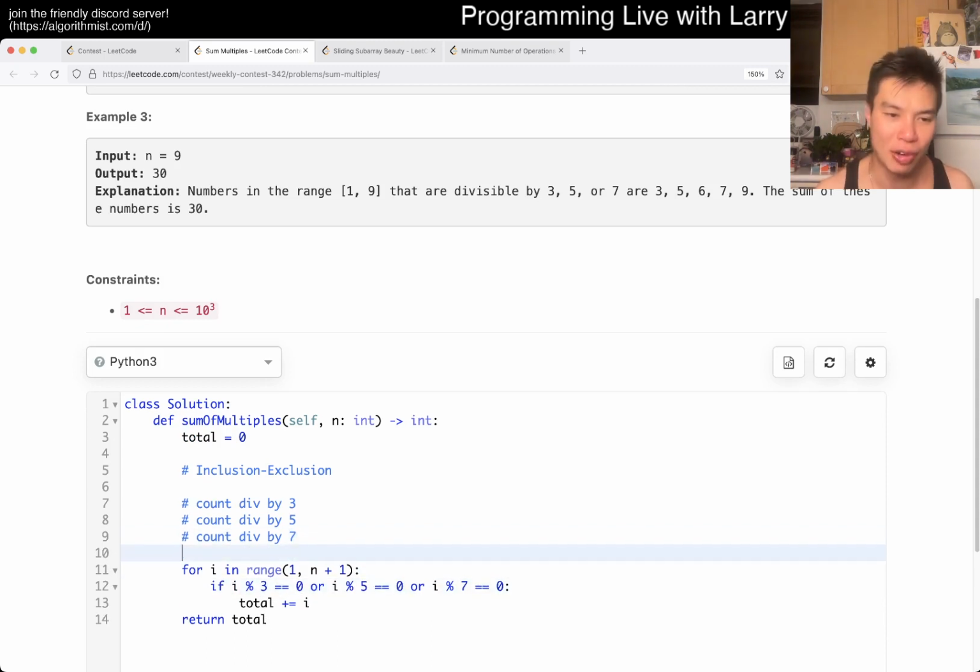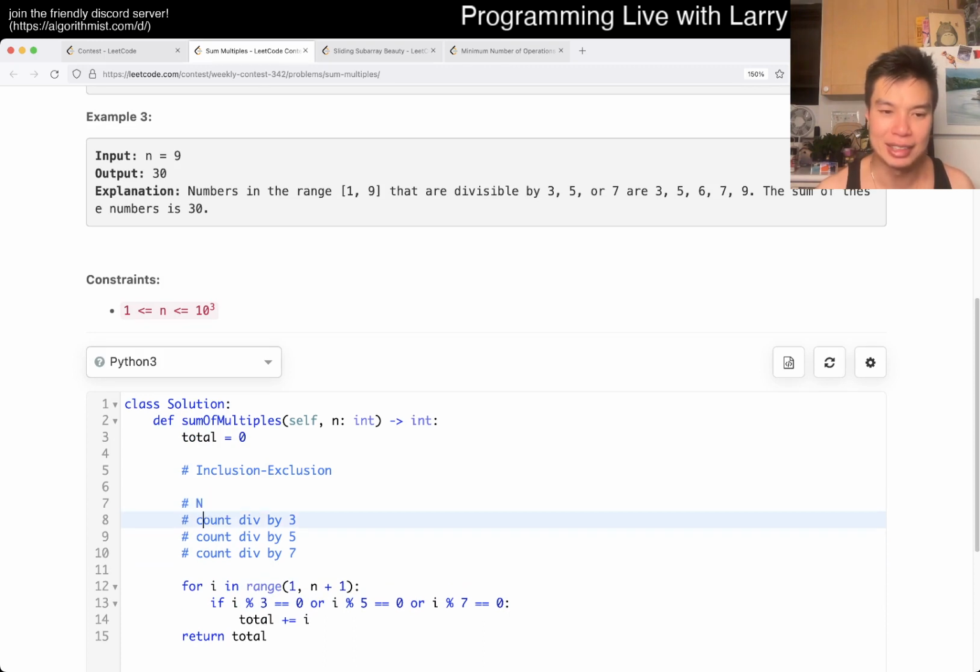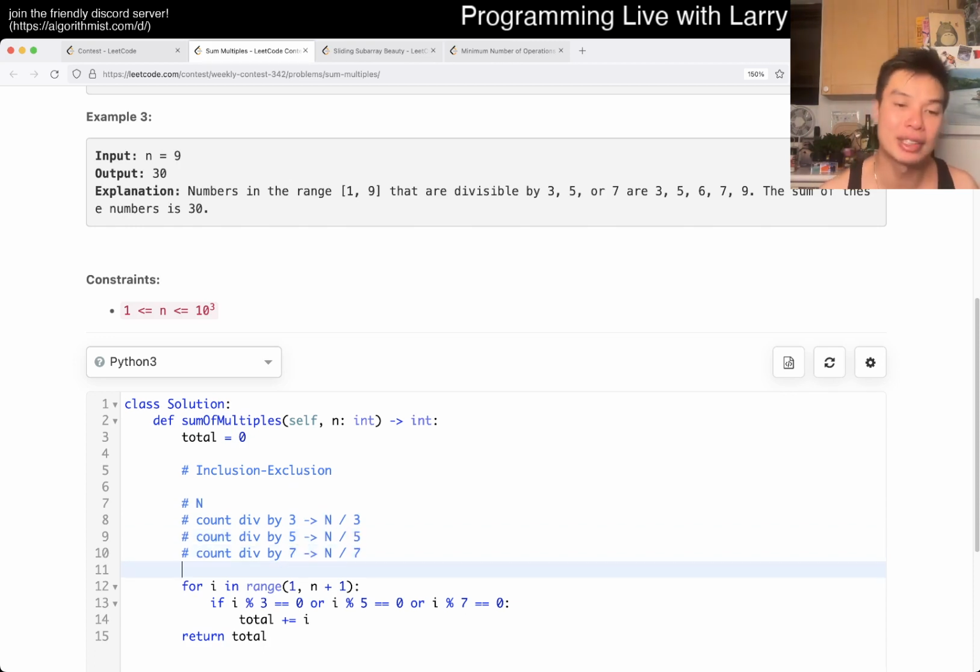So these are the same as what we do here. Of course, given some big n, this is just going to be n over 3, roughly speaking, with rounding errors. But then the problem here is that, let's say if you have 15, well, this double counts it, right? Because 15 is a multiple of 3, and it is divisible by 5 as well.